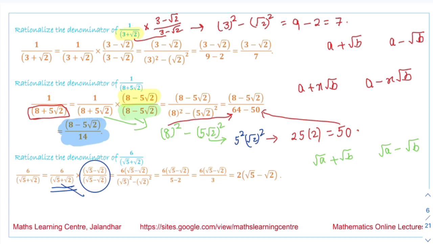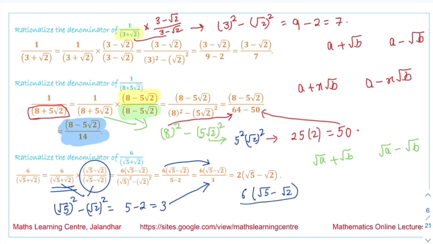Now the denominator will become square root of 5 square minus square root of 2 square, that is equal to 5 minus 2, that is equal to 3. The numerator will become 6 times square root of 5 minus square root of 2. So now we have 6 into square root of 5 minus square root of 2 over 3. This gets cancelled and this is 2 over here. So the answer we will get is 2 times square root of 5 minus square root of 2.